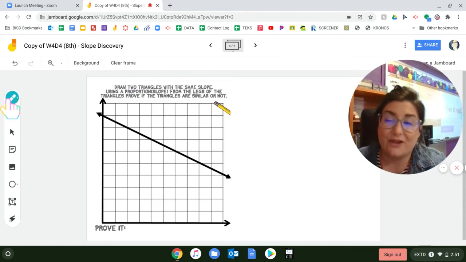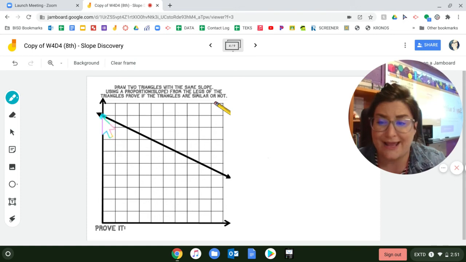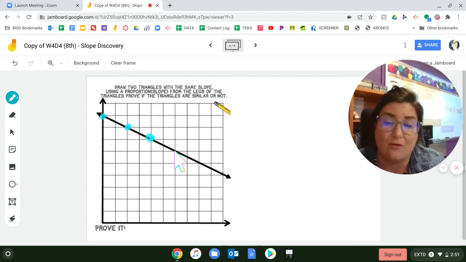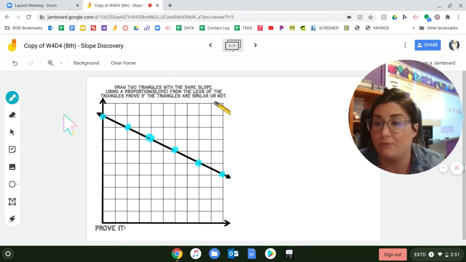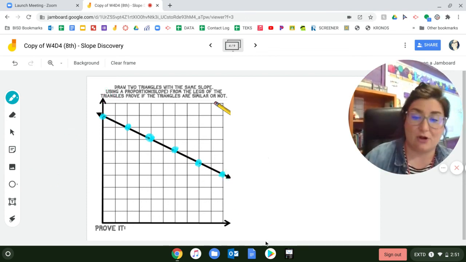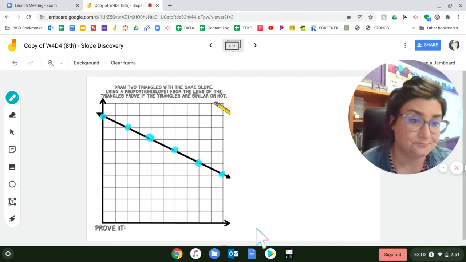So when we figure out our rise, and usually when we think of the word rise, we think of going up, but in math, this rise can actually be negative. So rise just refers to the change in y. Sometimes it changes up, sometimes it changes down. That's okay. Totally cool. Okay, so I've labeled all my exact points.